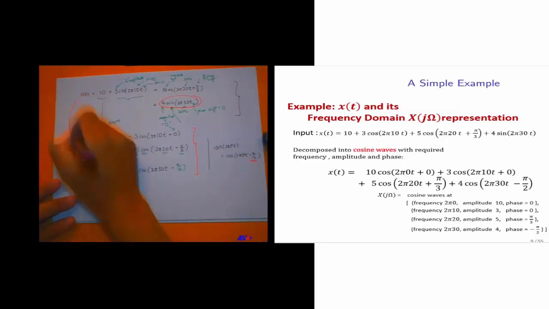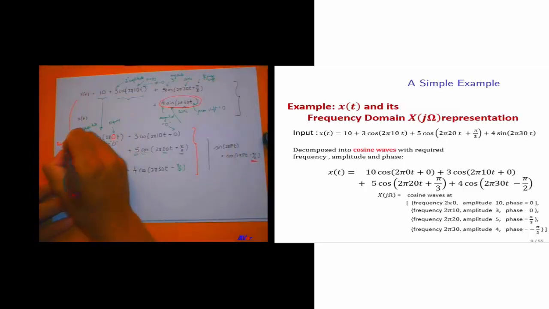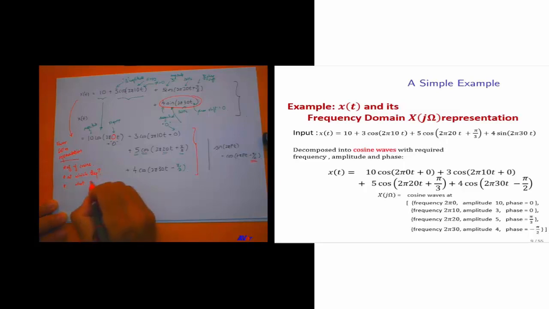We have changed our original equation into a Fourier series representation. A Fourier series representation tells us the number of cosines, or number of sinusoids we need, at which frequency, and for each frequency, what is the magnitude and phase.